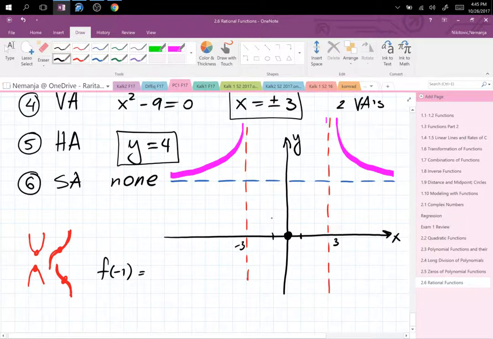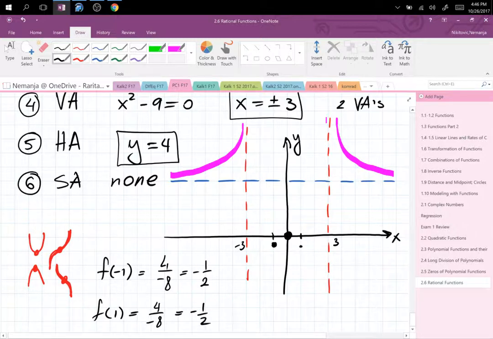So f of -1 is going to be 4 over -8, which is -1/2. That's below. And then f of 1 is also 4 over -8. It's also -1/2. Aha.